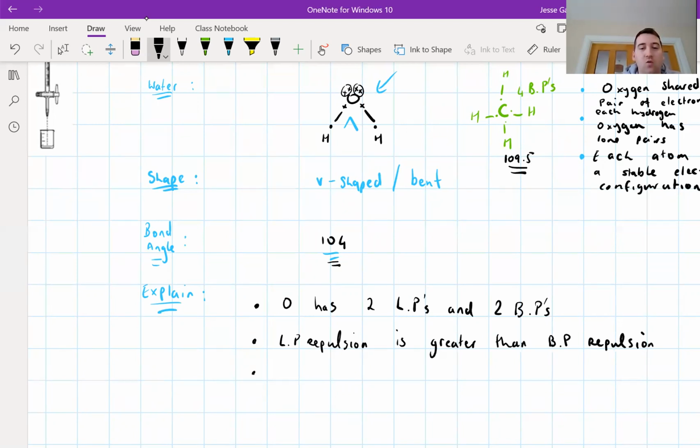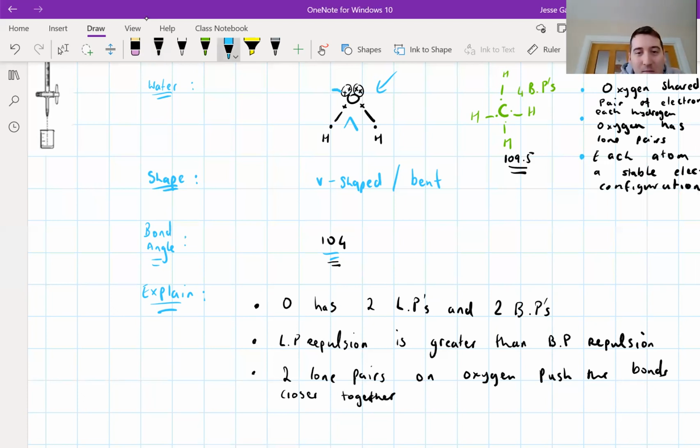We know that the two lone pairs on oxygen push the bonds closer together. Showing this up here, what we're saying is that these lone pairs are pushing these bond pairs a bit downwards, squeezing them a little bit together.